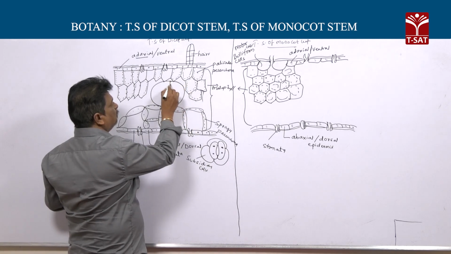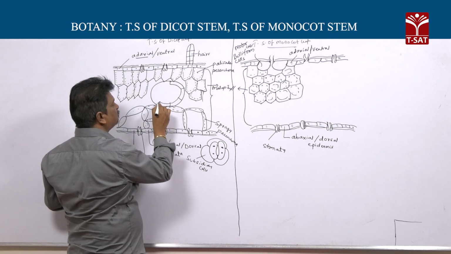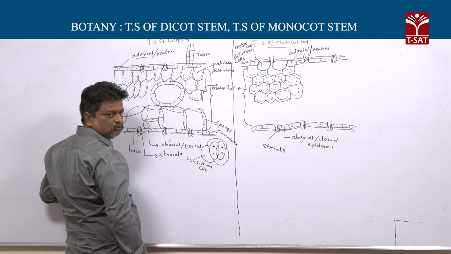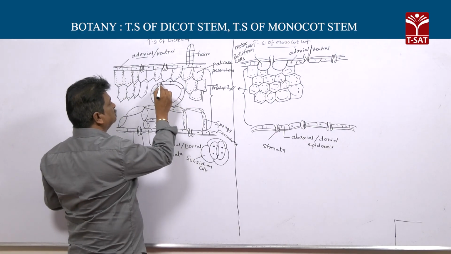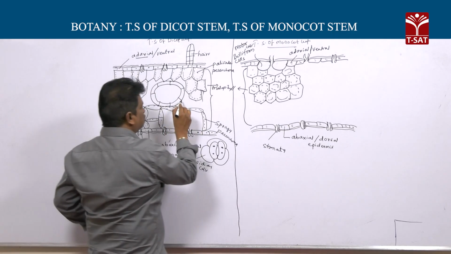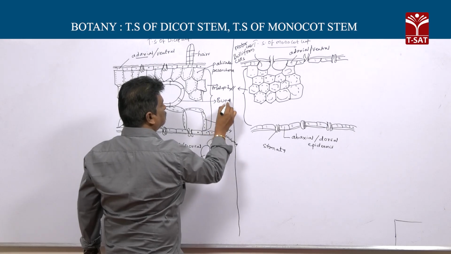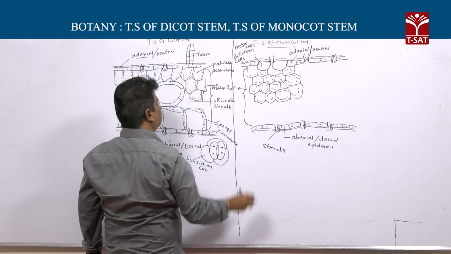All vascular bundles show similar structure and are enclosed by a bundle sheath made up of parenchyma, so it is called border parenchyma.